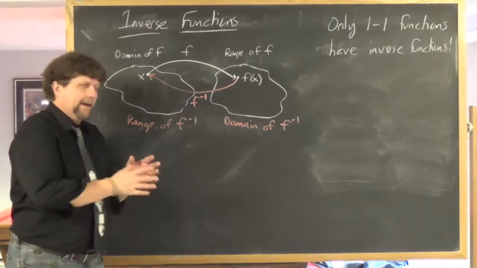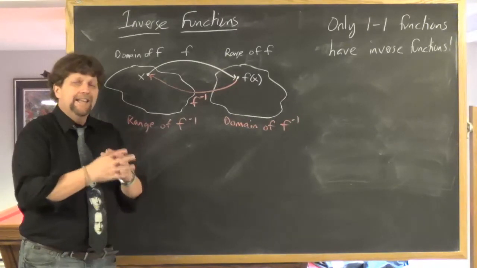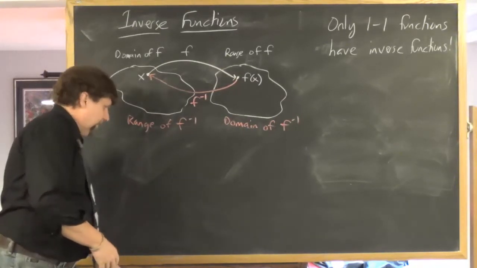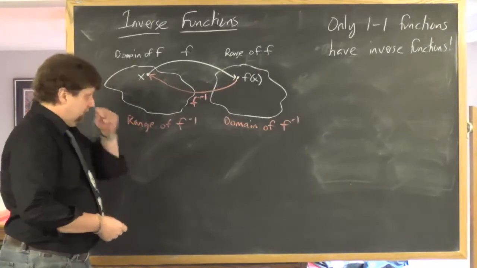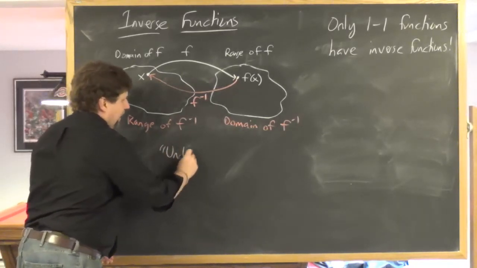And I just want to point out a couple of things before we move on. A function and its inverse function, I'd like you to remember, are going to undo each other.